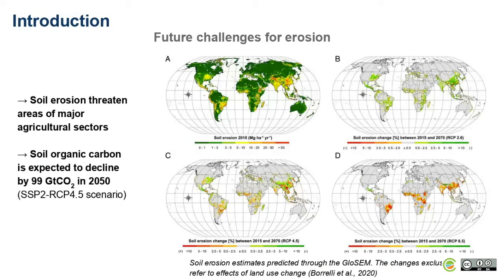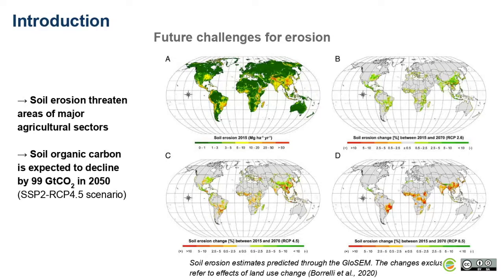As you can see in the first map, the spatial distribution of soil erosion and its intensity in million hectares per year during 2015, it is well distributed in Asia, in Africa, especially sub-Saharan Africa, and in Latin America.